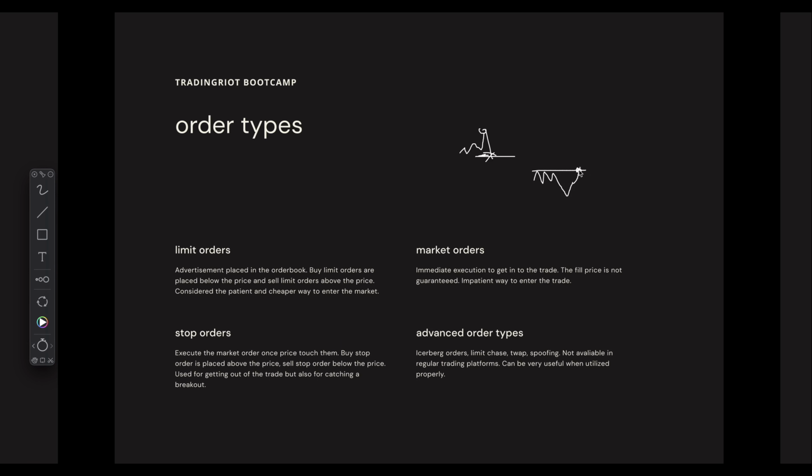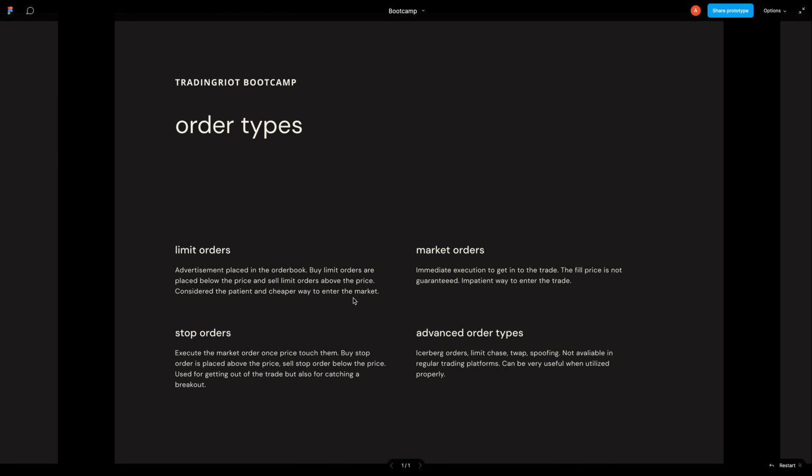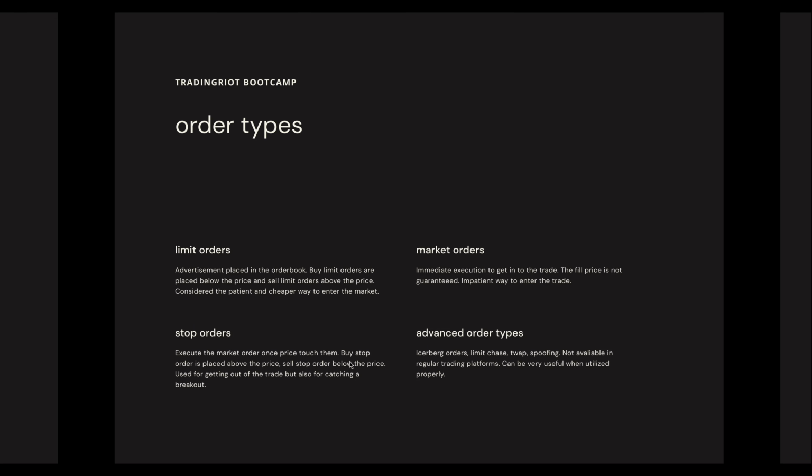So you will be automatically triggered into the position at this place. This is, in my opinion, not the best way to trade, because more often than not the market will do something like this. But there is the option. Obviously the same goes for selling.